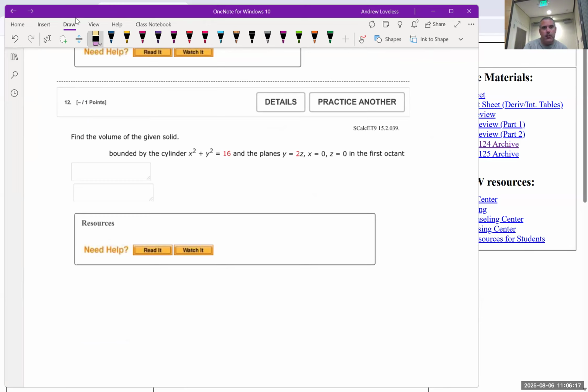It's a long list of equations here. So we have x squared plus y squared is 16. We have y is equal to 2z. And if you've caught on, the first thing I'm looking for are my z's. And then I also have x equals 0, and I also have z equals 0, and it says first octant, so that also means all of these are greater than or equal to 0.